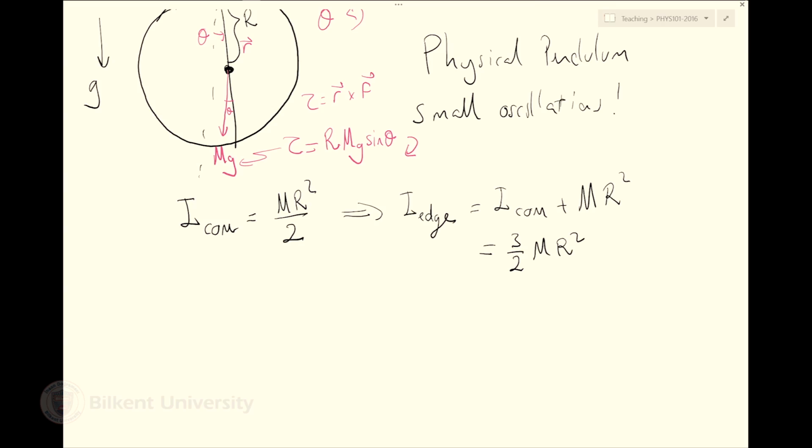So now I can write torque equals I alpha. So torque, I'll just write r mg sine theta, is I times d squared theta over dt squared. But now, because they are in opposite directions, let me put a minus sign. Okay?